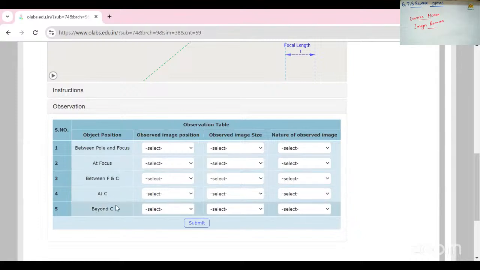This is the tabular column. The object positions are between pole and F, between F and C, at C, and beyond C. These are the positions where we are going to fix the object.